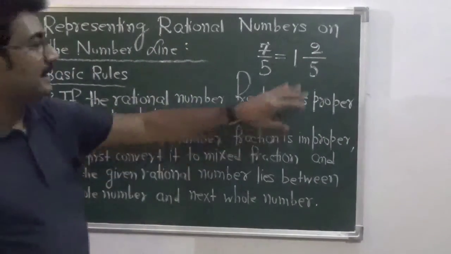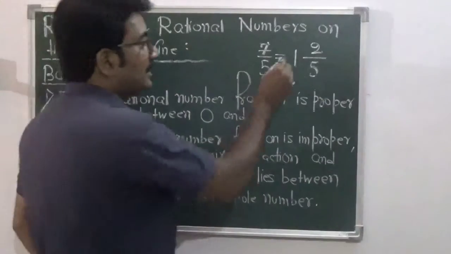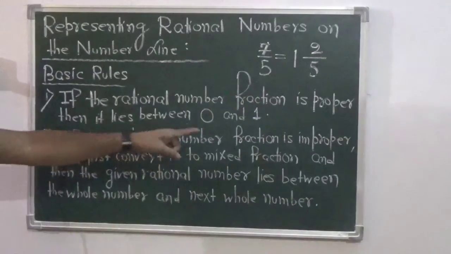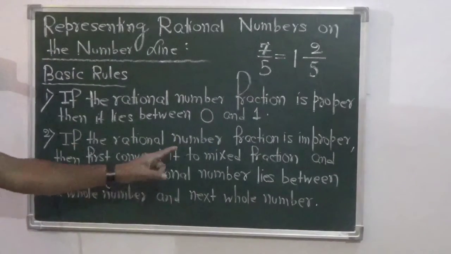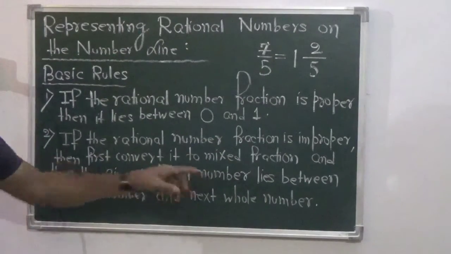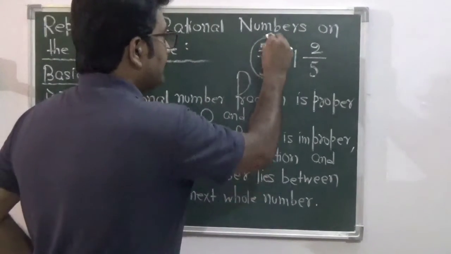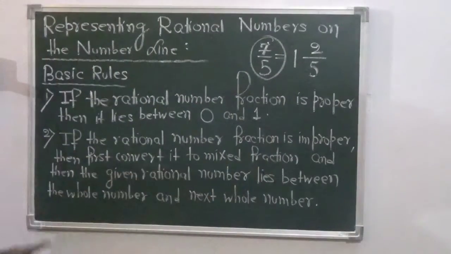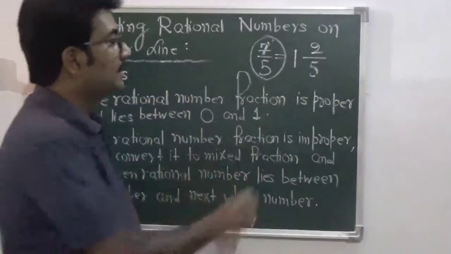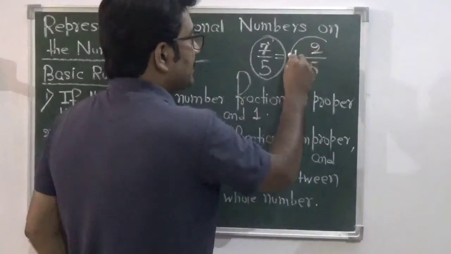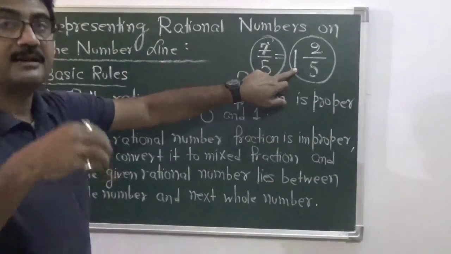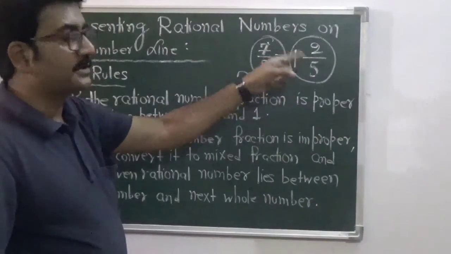So you can see in this mixed fraction there is a whole number part, that is 1. So if the rational number fraction is improper, then first convert it to a mixed fraction, which you have done here, and then the given rational number, 7 by 5, lies between the whole number, that is 1, and the next whole number, that is 2.